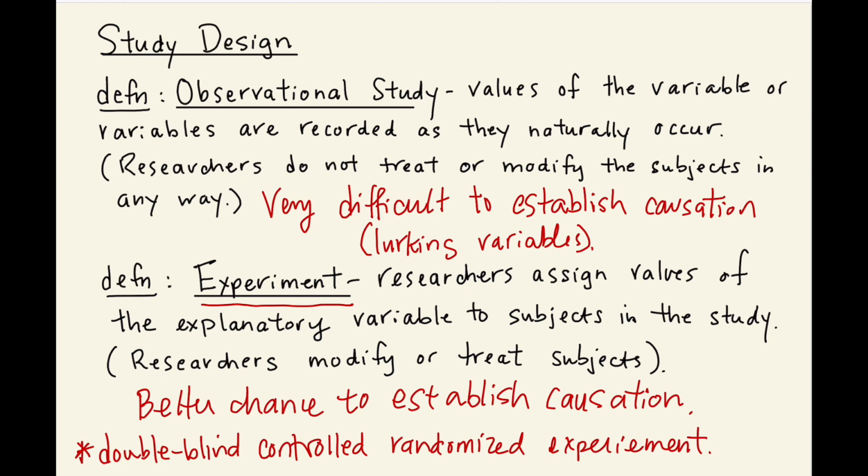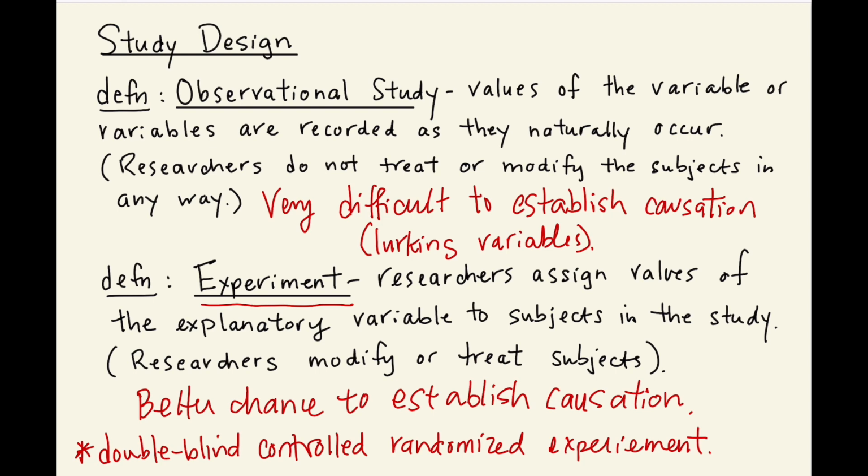And so let me just explain what each of these words mean. So double blind means that the subjects do not know which treatment they received. That's actually what blind means. And double blind means that the researchers also do not know which treatment the subjects received. Okay. Randomized means that the subjects are placed in the treatment groups in a random way.